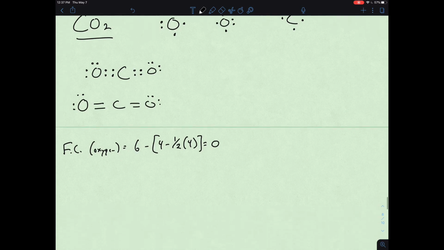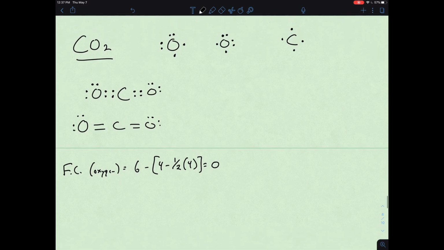And both oxygens are exactly the same. We can do the same thing with the carbon to say that, well, it has 4 valence electrons, no lone pair electrons, and it has actually 8 electrons being shared in bonds, and as well a 0 formal charge. So here we see minimization of formal charge.